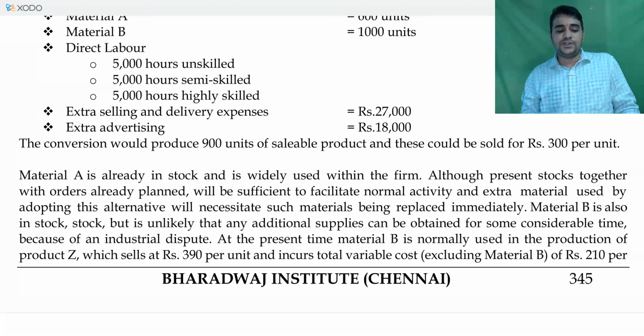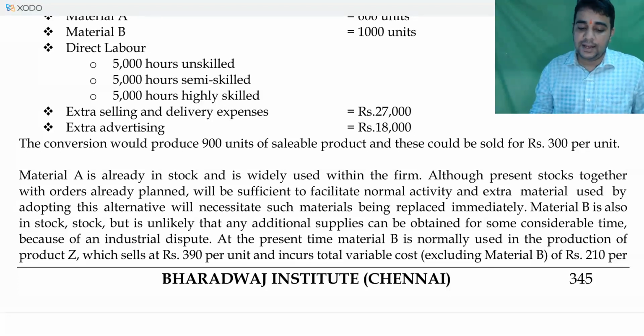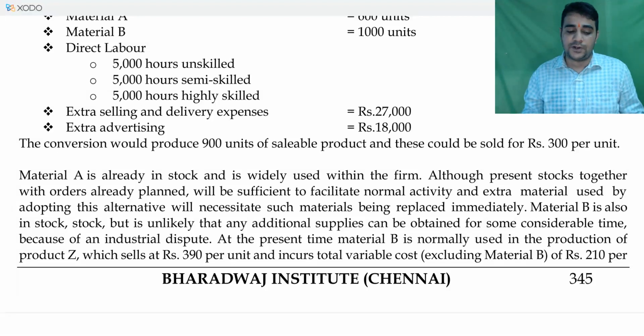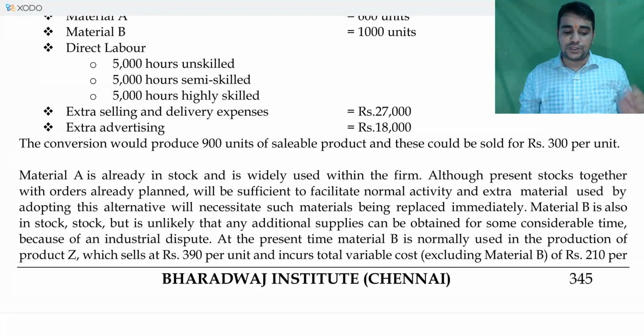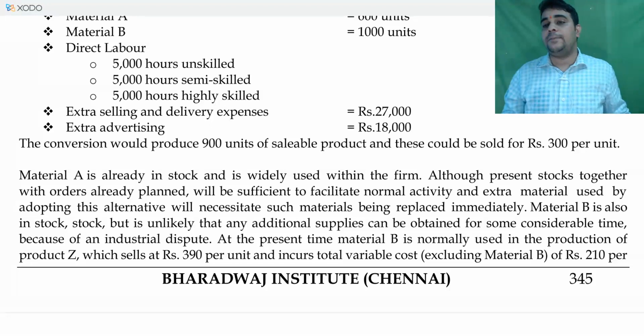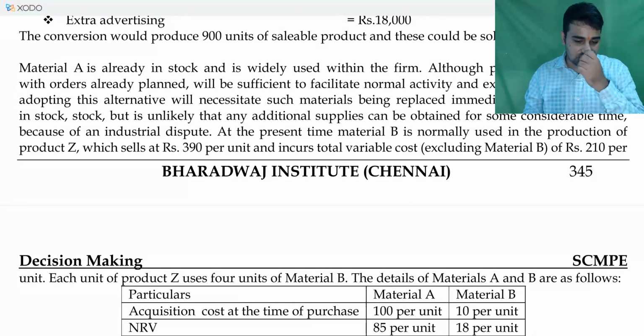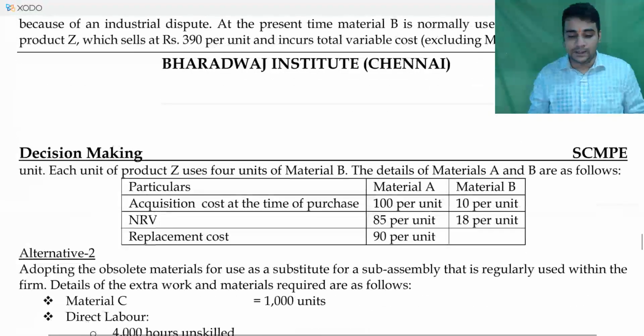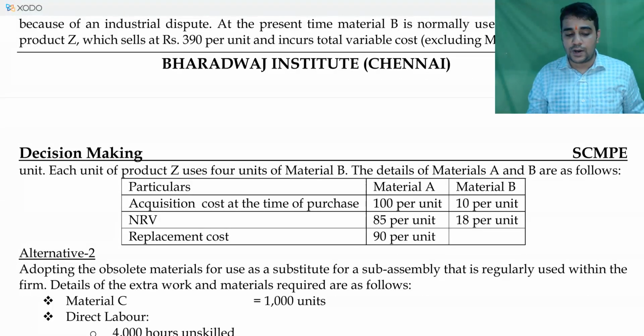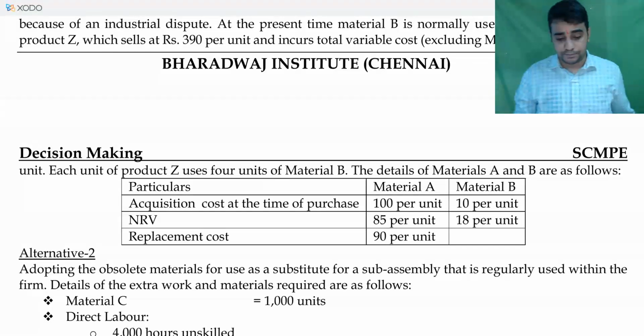Material B is also in stock but is unlikely any additional supply can be obtained for some considerable time because of an industrial dispute. At the present time, B is normally used in the production of product Z, which sells at 390, incurs total variable cost excluding material of 210. Each unit of Z uses 4 units of material B. The details are as under: acquisition cost, NRV and replacement cost.